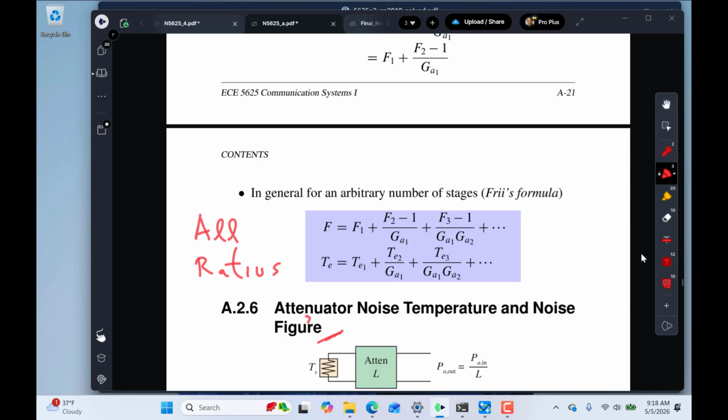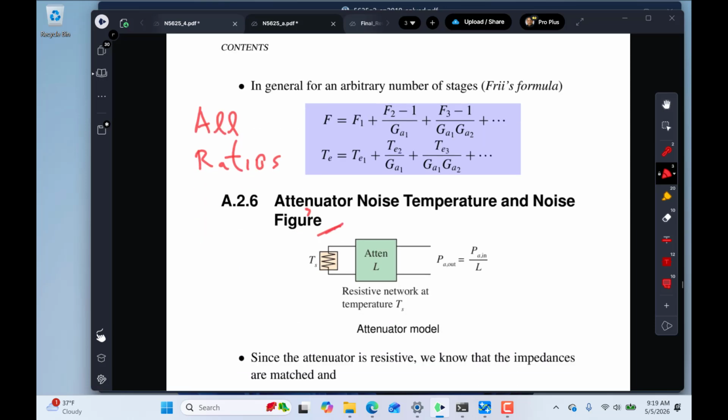Usually you're given noise figure in dB. You're given temperature in Kelvin, of course, so the lower equation will work directly, but the gain units have to be ratios too. So if it was 10 dB, that's a factor of 10. If it was 20 dB, that's a ratio of 100, right? Is everybody following me? Working in dB is the best way to go for the link budgets, but in this calculation, you have to work with ratios.